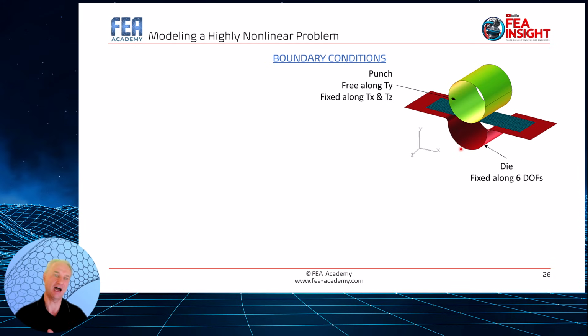The die cannot move in any degree of freedom, while the punch is controlled along the y direction. So it means the yellow part can move in the y direction, this axis, but is fixed along the x and the z direction.